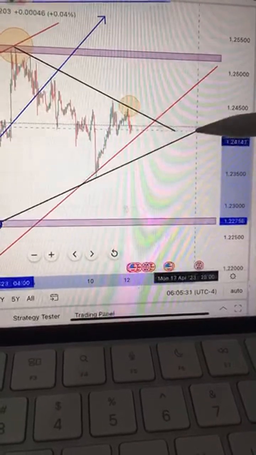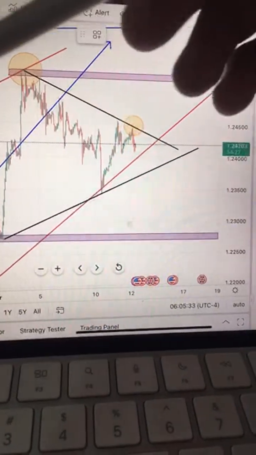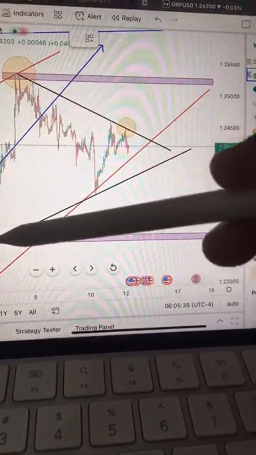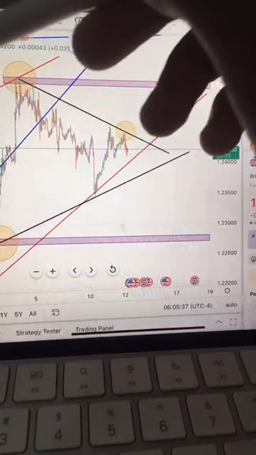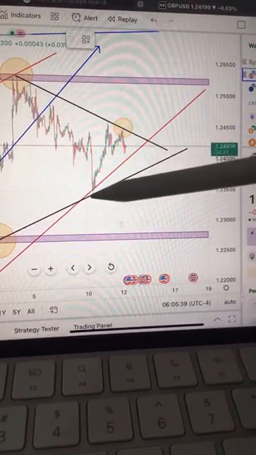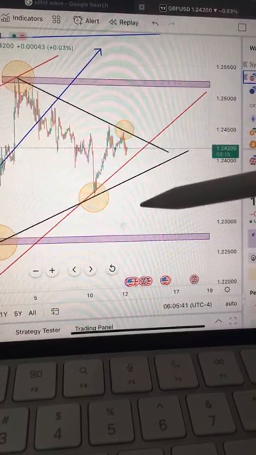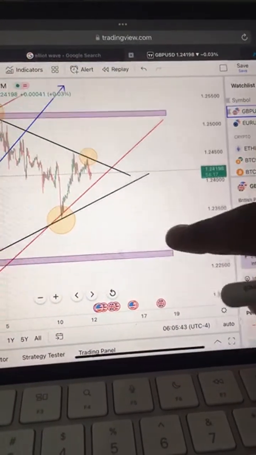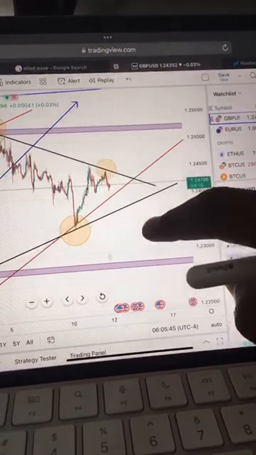I have touch 1 from the support and touch 2, so I'm still waiting for touch 3, and touch 3 will give me a confirmation.